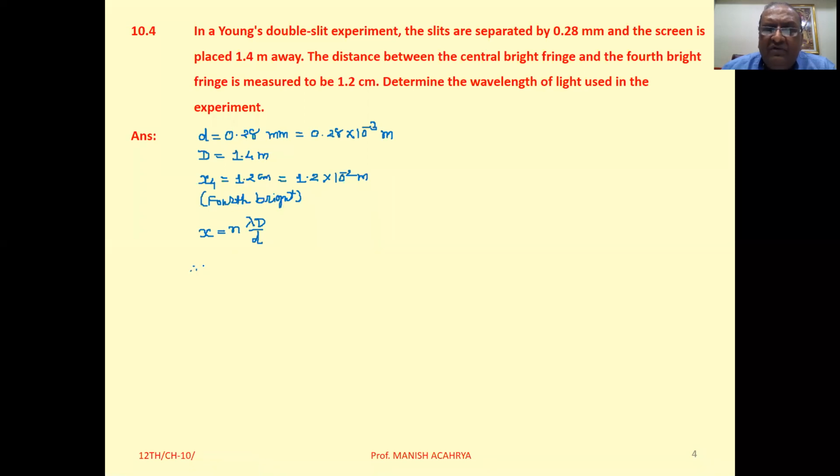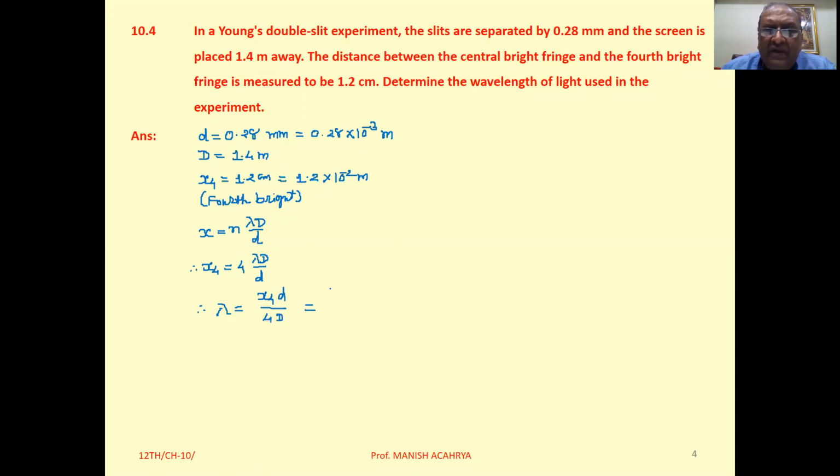For the fourth one we can write x4, that is equal to 4 lambda D by d. Therefore lambda, that is equal to x4 d upon 4D.